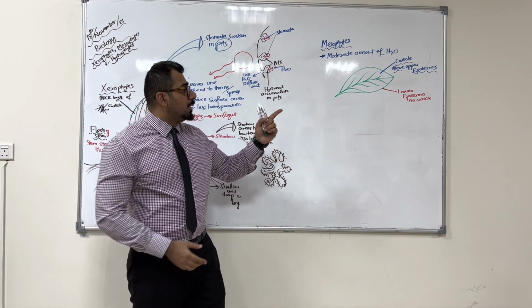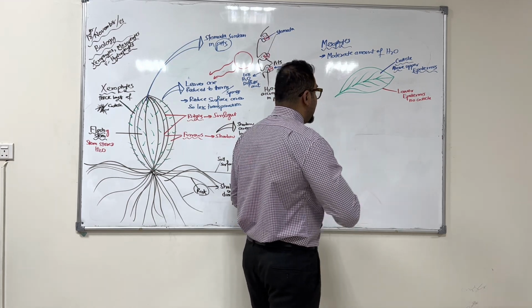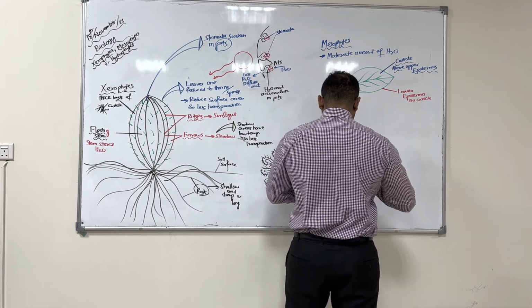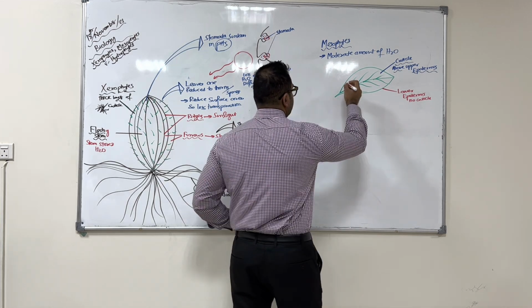Understood? Another thing was that on the lower surface the stomata are present. On the upper surface there are no stomata.